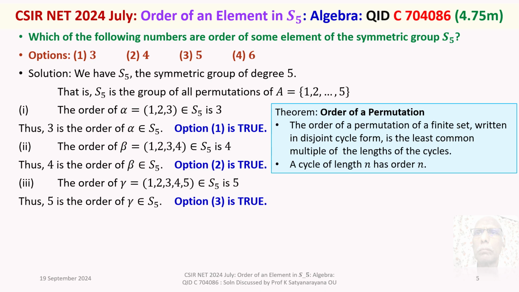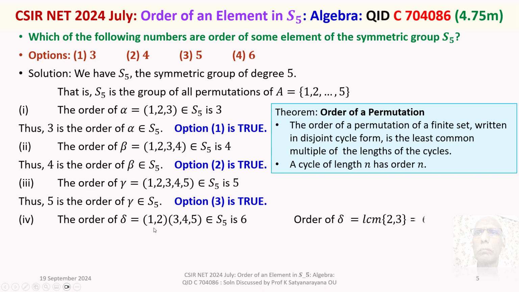The length of the first cycle is 2, the length of the second cycle is 3. So the order of delta, (1 2)(3 4 5), which belongs to S5, is the LCM of 2 and 3, which is 6.